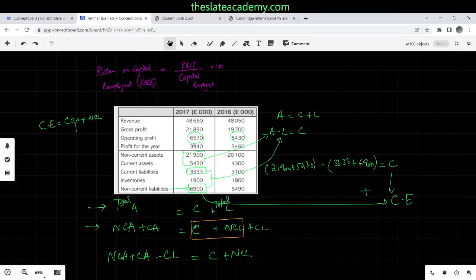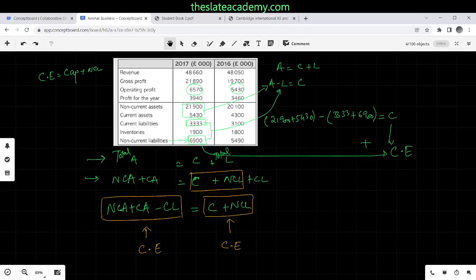So it means I can calculate capital employed using this, or I can calculate capital employed using this. These are both equations for capital employed since they are equal.